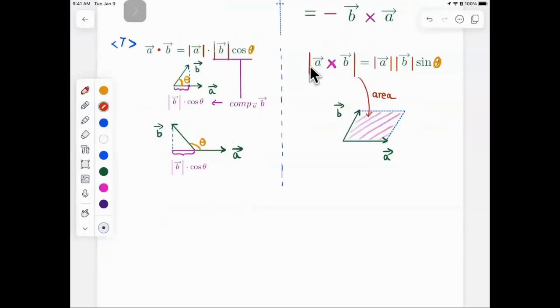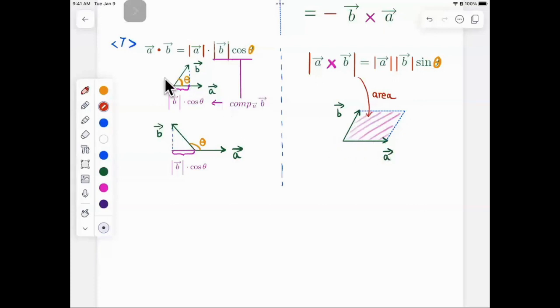Now for cross product, the magnitude of the cross product A cross B is equal to the area of this parallelogram determined by A and B.